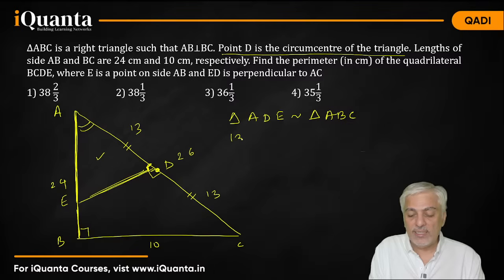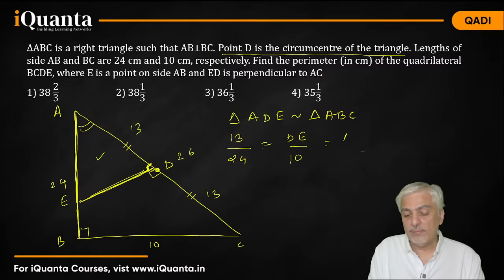So 13 upon AB, which is 24, is DE, which you anyway want, upon BC, which is 10, is AE, which also you want, upon AC, which is 26.